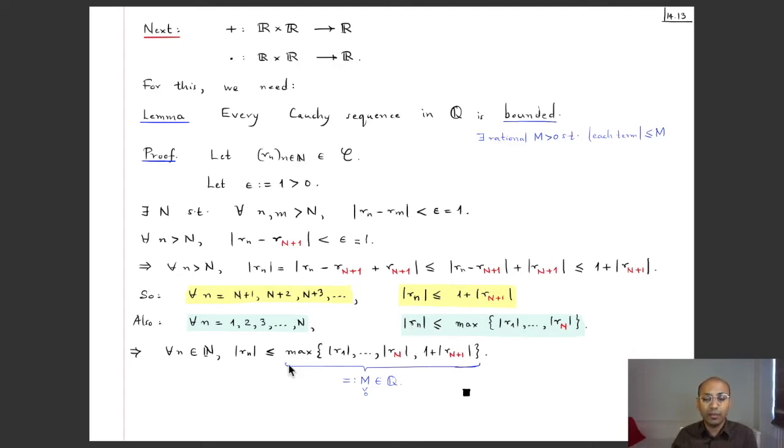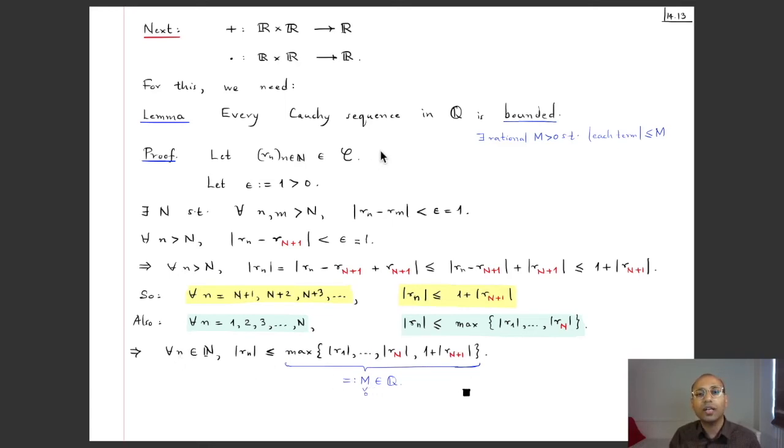So we take as our capital M the maximum of mod R1 up till mod R capital N, and then 1 plus mod R capital N plus 1. So this is some big number which is a positive number and it's a rational number, and so we have that for every little n, mod Rn is less than or equal to M.